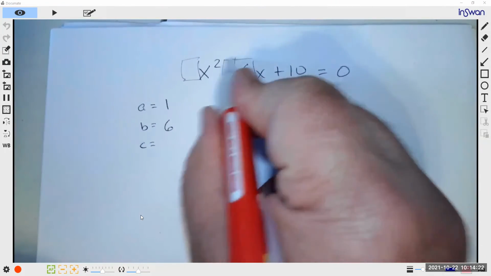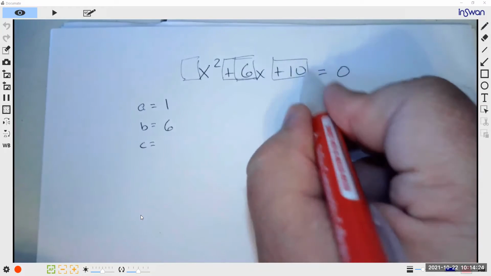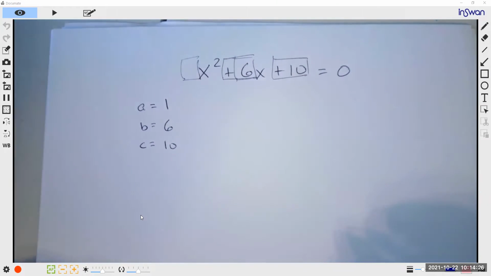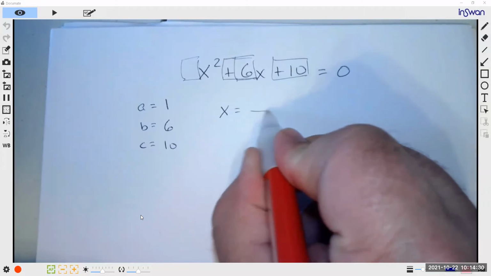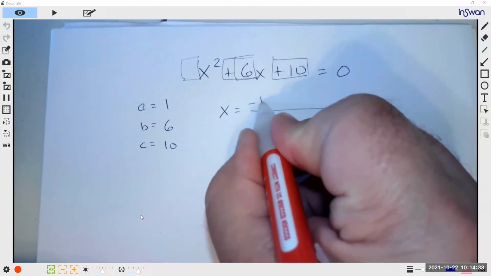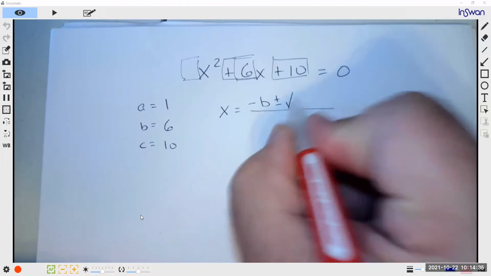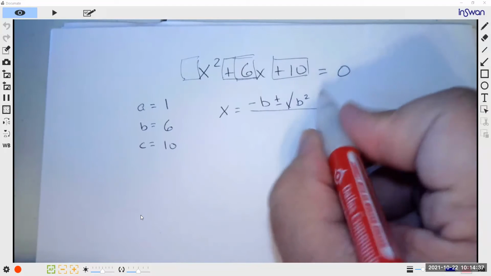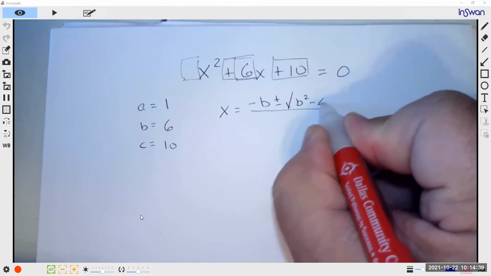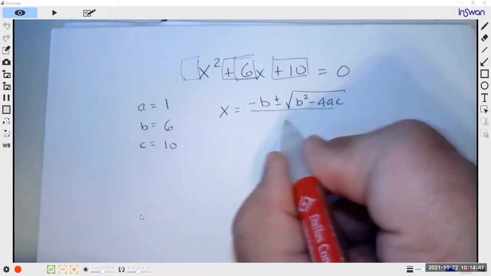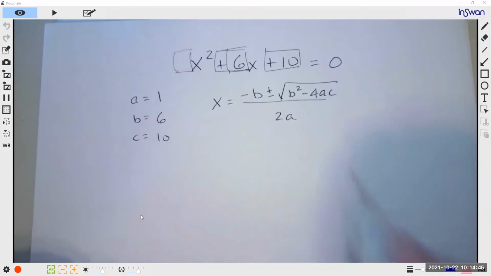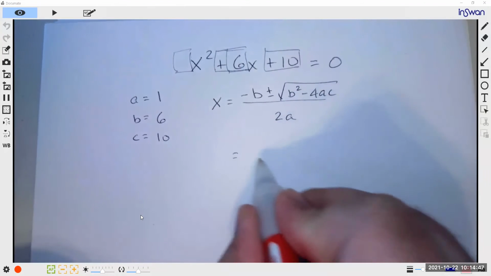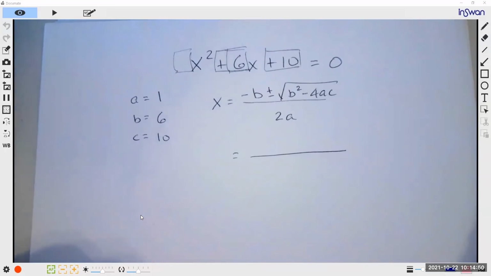The sign goes with it. And C is 10. x equals negative b plus or minus the square root of b squared minus 4ac over 2a. Always start off by writing the formula down. The more you write it, the easier it'll be to remember.